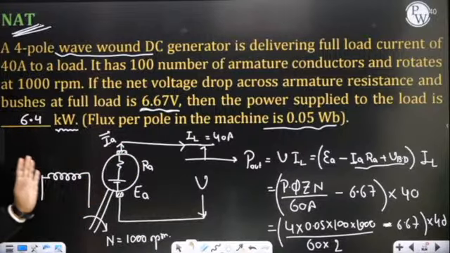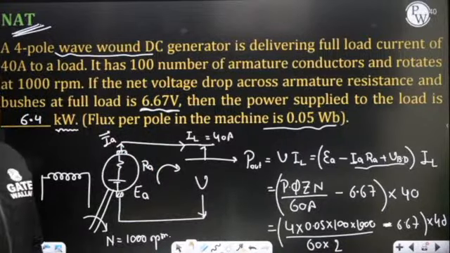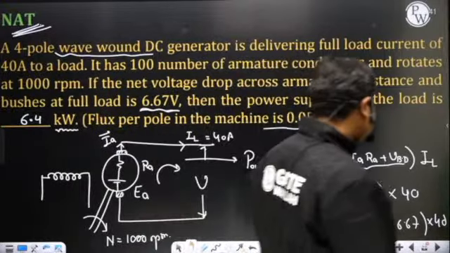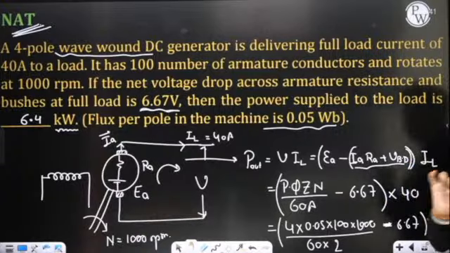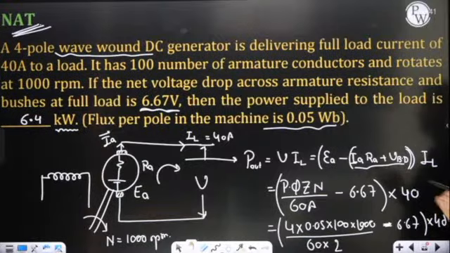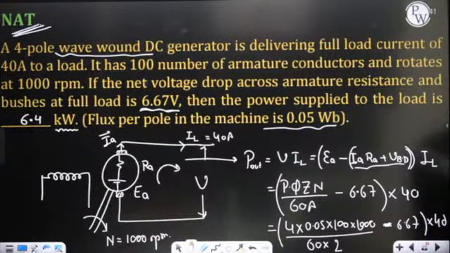Okay, rest all is okay. The drop is IARA plus VBD. This entire drop is given to you as 6.67. Great. Hoping you are able to understand up to this part. You are comfortable in this?